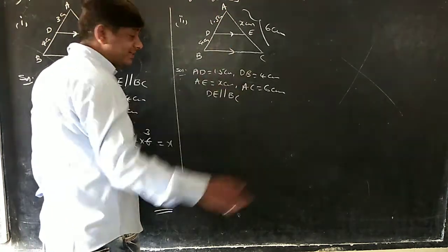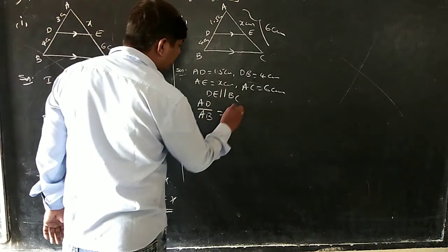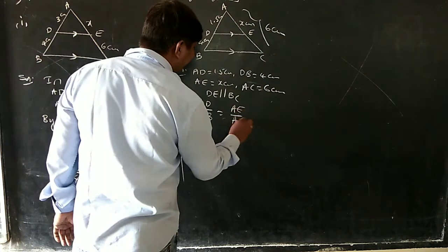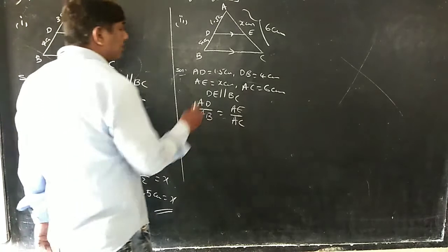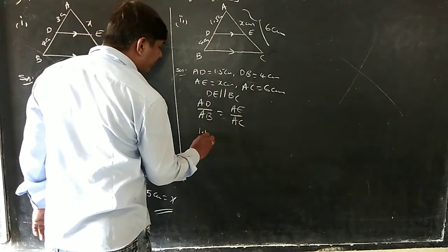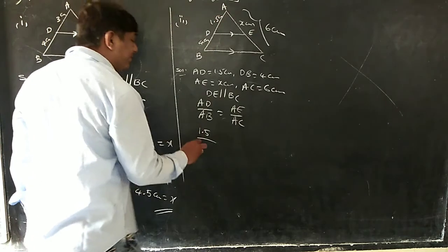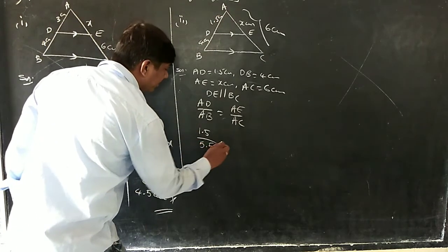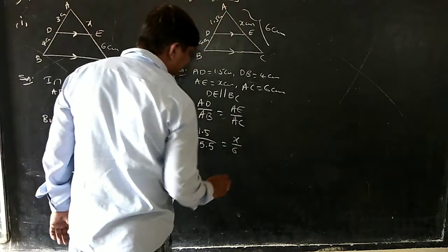Recall it. 1.5 by 4 plus 1.5, 5.5, it is equal to x by this total is 6.